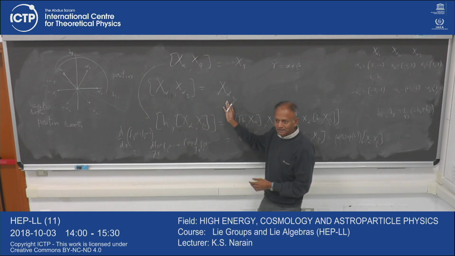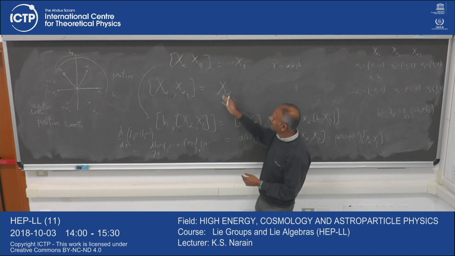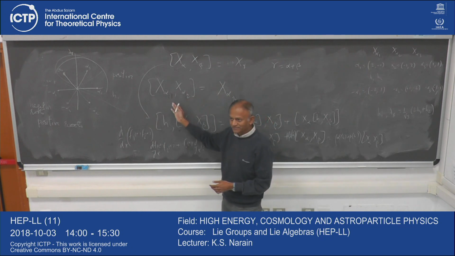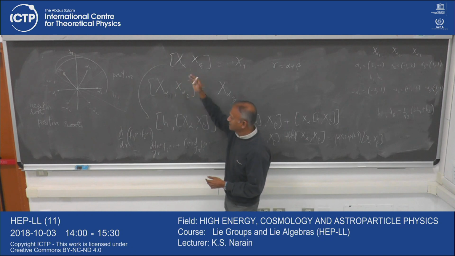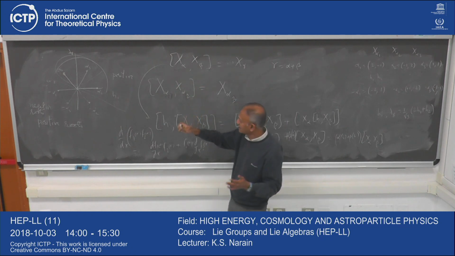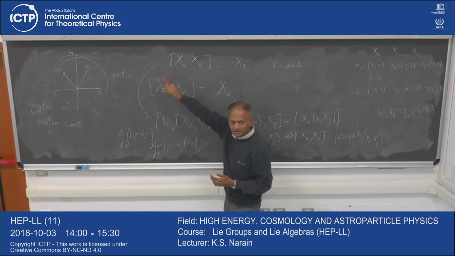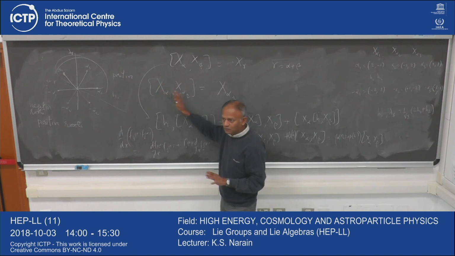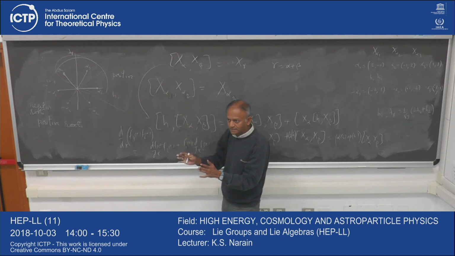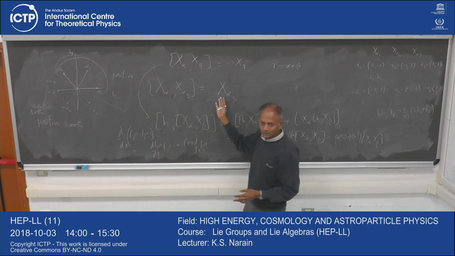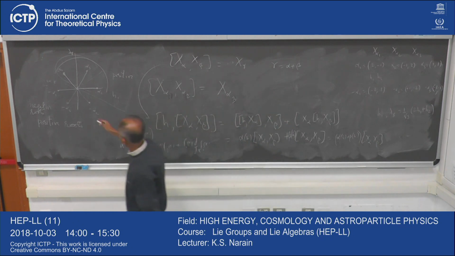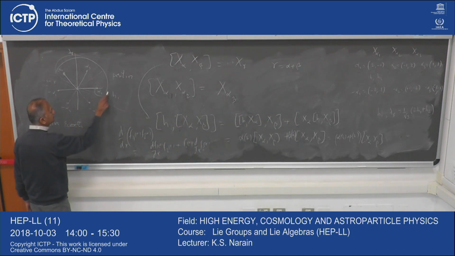So x alpha 3 can be constructed out of this. Once I know fully, in some representation, that this is represented by some matrix and that is represented by some matrix, and I found these matrices, then this I can obtain for free by just taking the commutator. So somehow it is enough to look at this one and this one.